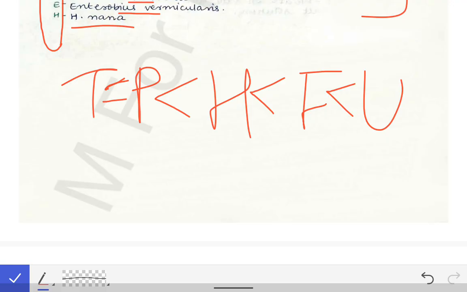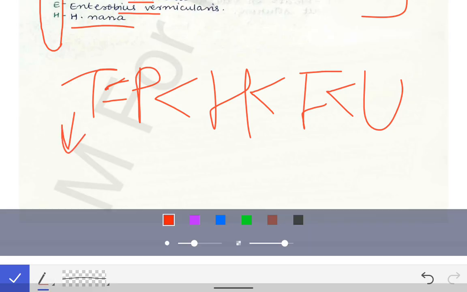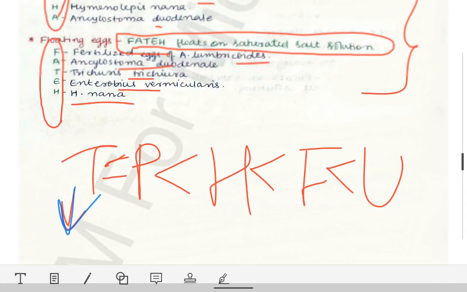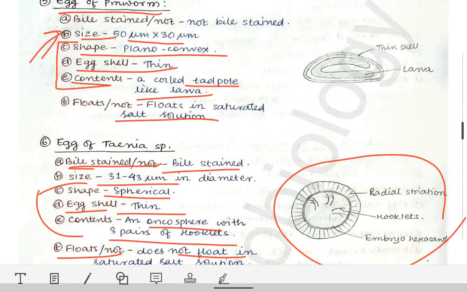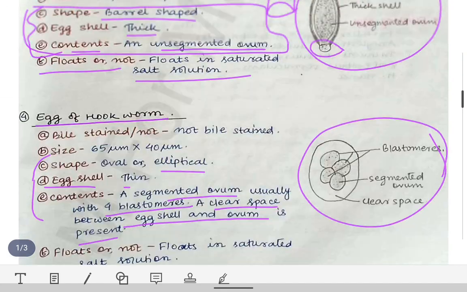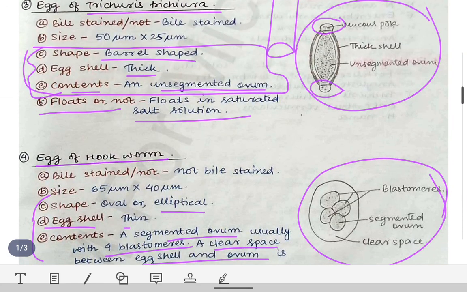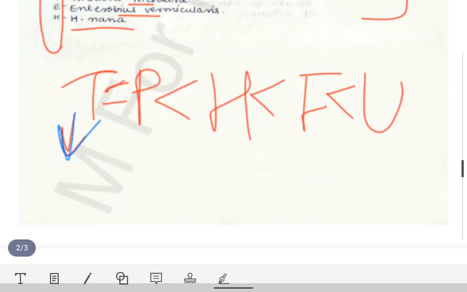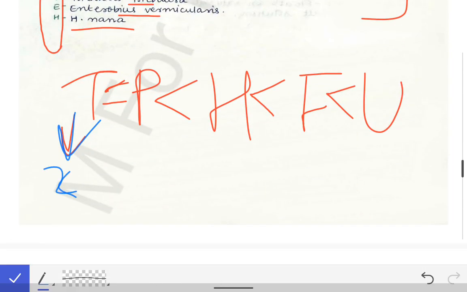So just remember the size of the Trichuris trichiura egg. The size of the Trichuris trichiura egg is 50 into 25.